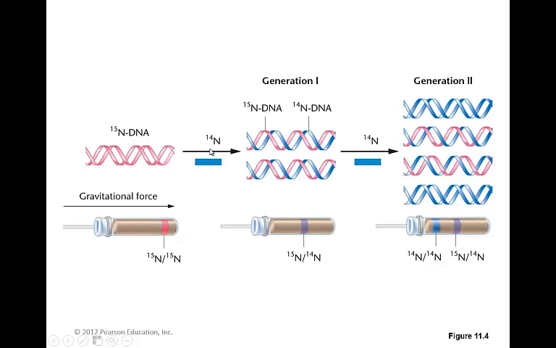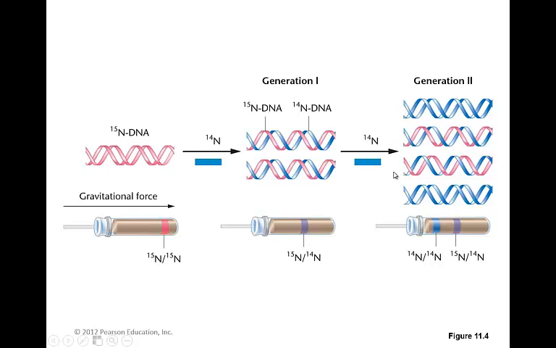If replication was semi-conservative, the new nitrogen that they added in would be normal nitrogen, not labeled nitrogen. So after one generation, you would have one parental strand and one new strand, and 100% of the DNA should be this intermediate weight if you applied a centrifugal force to it.